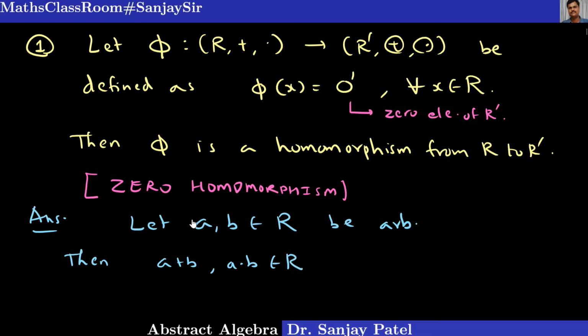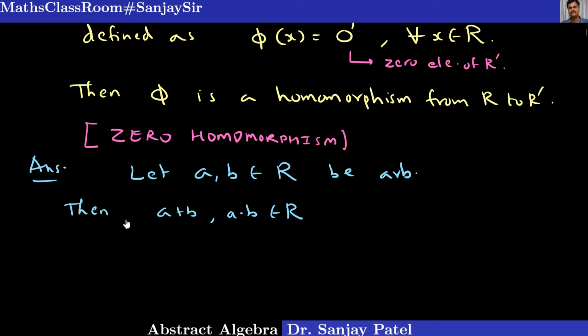What I need to prove is phi of a plus b is the same as phi of a plus circle phi of b. So the first thing I am going to prove here is phi of a plus b. Since a plus b is in the domain, its value under the function phi is 0 dash, and this I can write as 0 dash plus 0 dash because 0 dash is the 0 element of the codomain ring, and this plus I must write plus circle because this 0 dash is the element of R dash, and in R dash the operation of addition is denoted by plus circle.